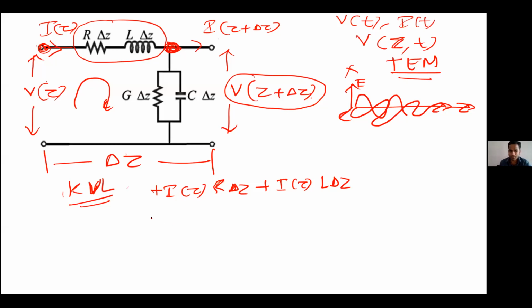So I can say that V of Z minus V of Z plus delta Z, the potential difference, is how much? I of Z into R delta Z, right? Plus what?